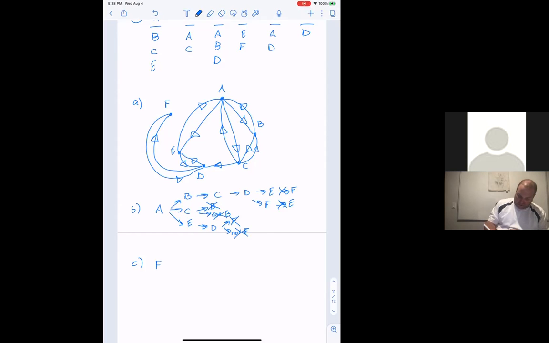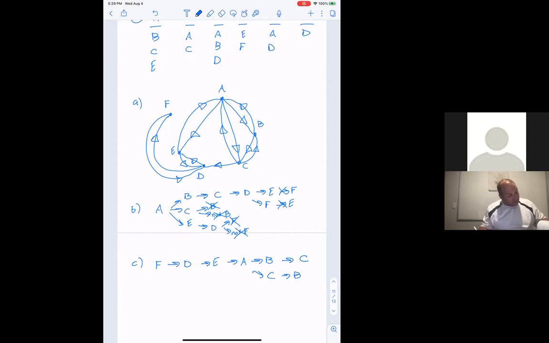because if I start at F, I can go directly to D. And then from D, I can go to E, I can go to A, I can go to B, I can go to C. So yes, there's more than one possible order, because over here I could have done C then B as well.